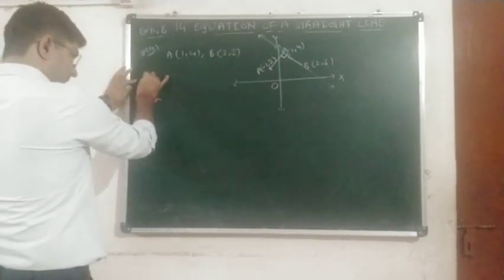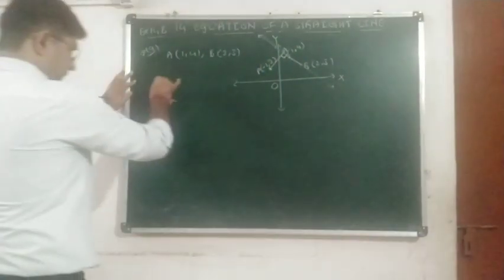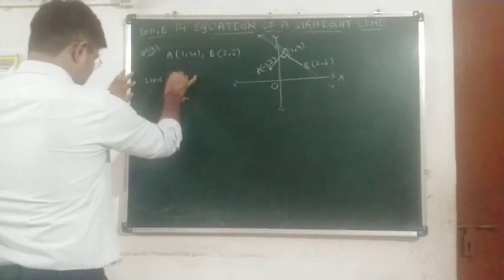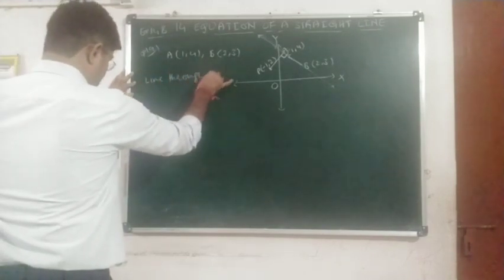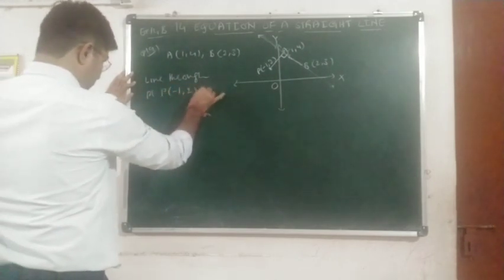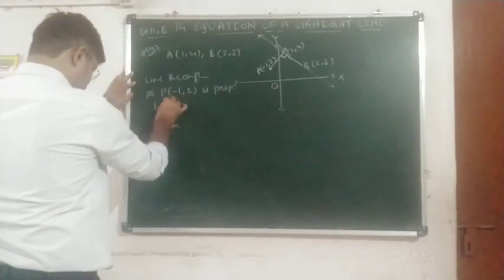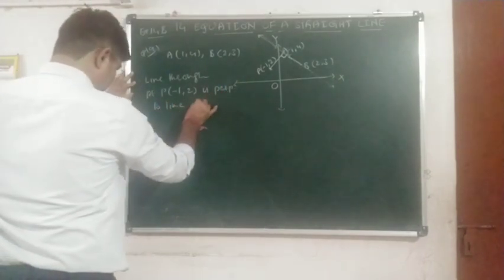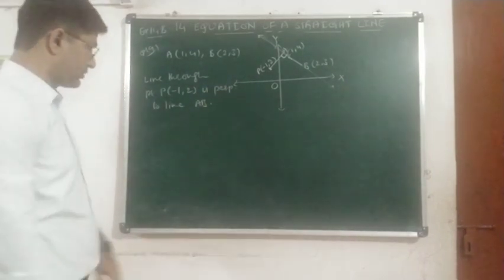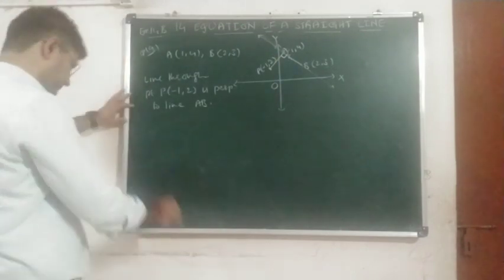A line through point P -1 comma 2 is perpendicular to the line containing AB, or line AB simply you can name. Yes or no? So first we will find the slope of AB.